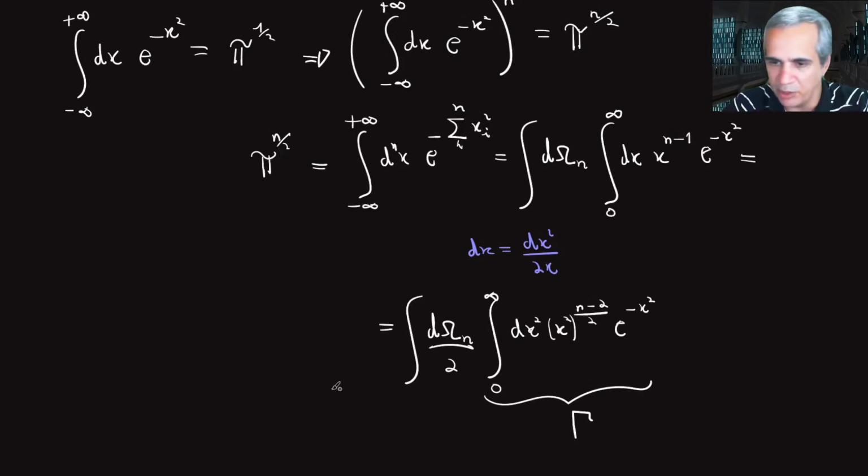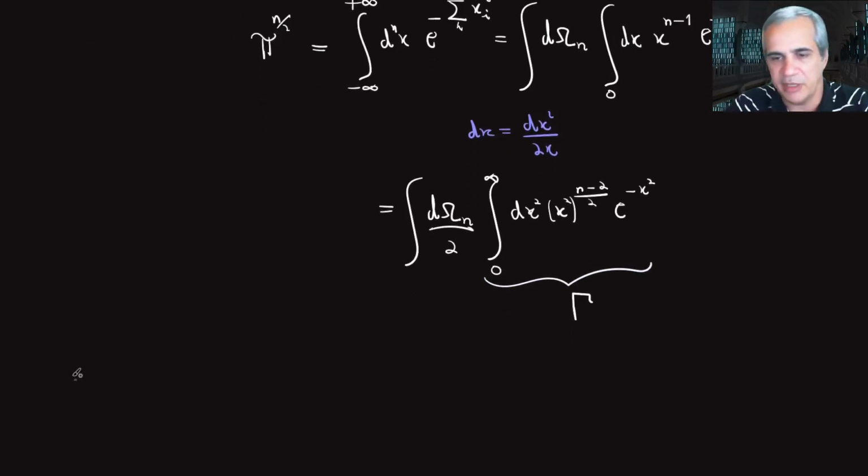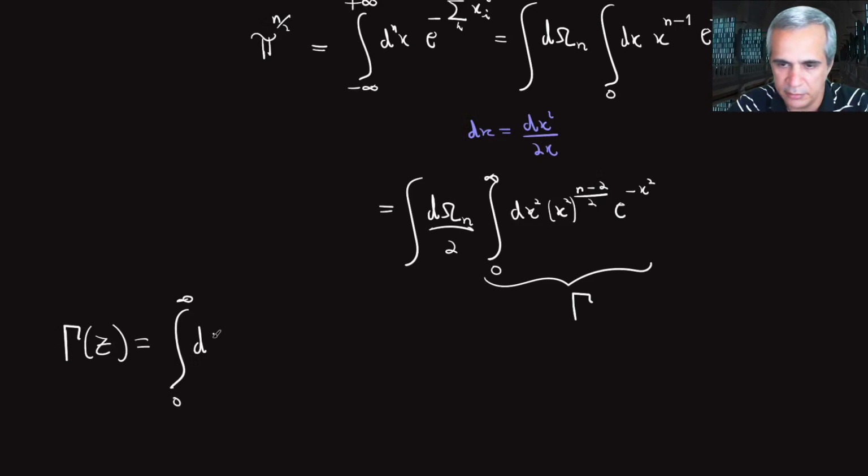So what I'm using here is the integral definition of the gamma function, which is this one. It's exactly what I have here, with t being x squared and z being n over 2. We have n over 2 minus 1 right there.